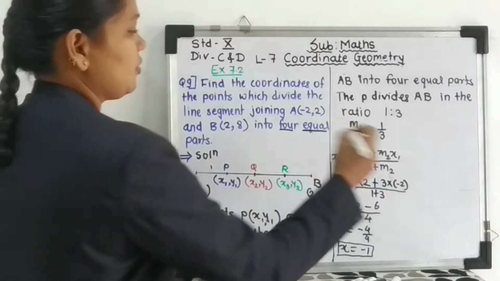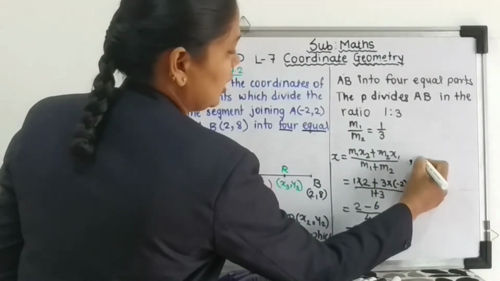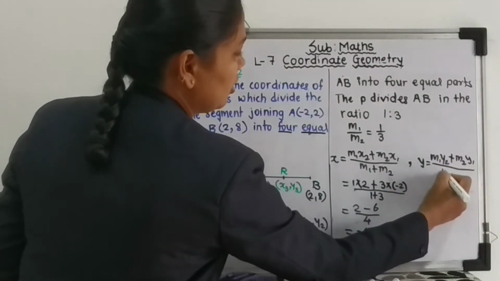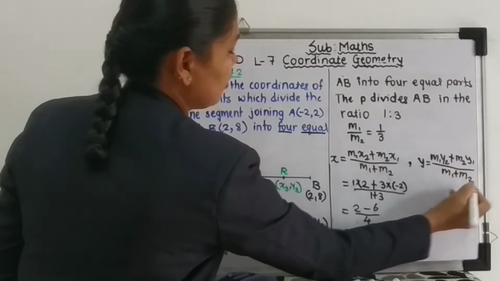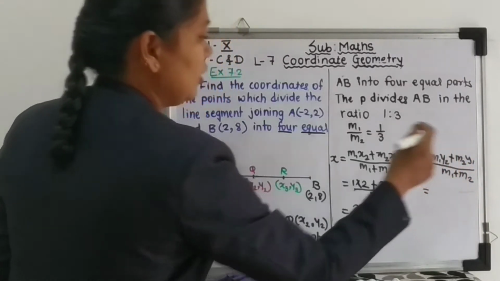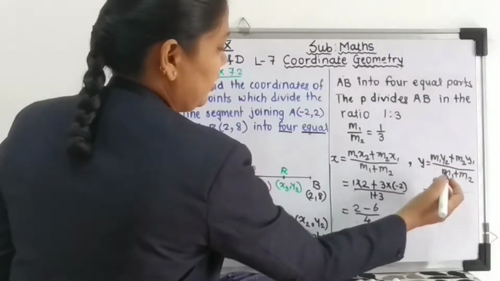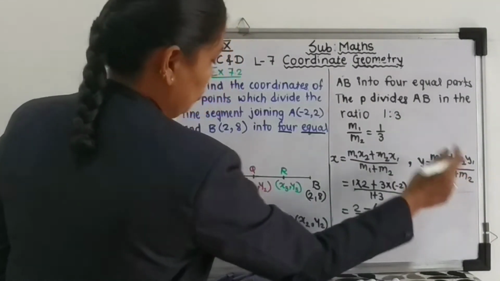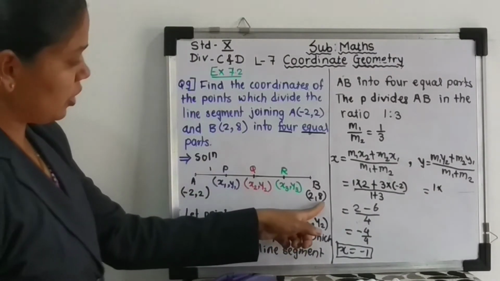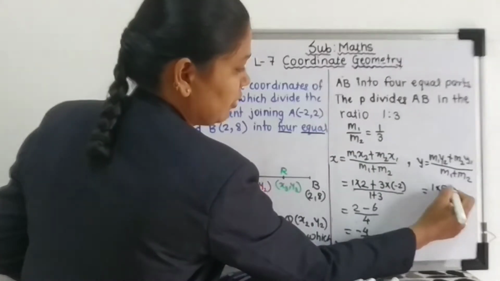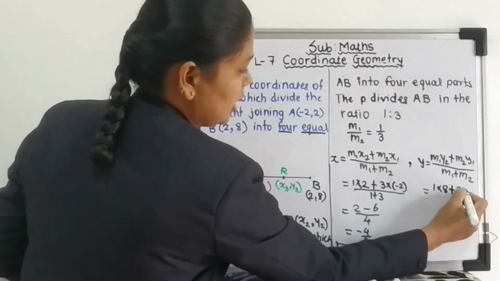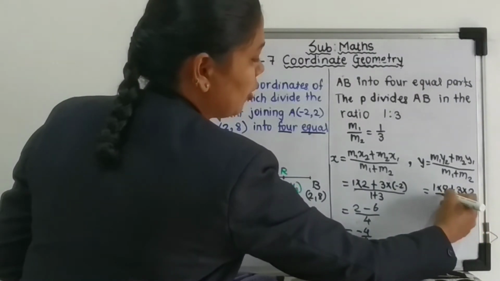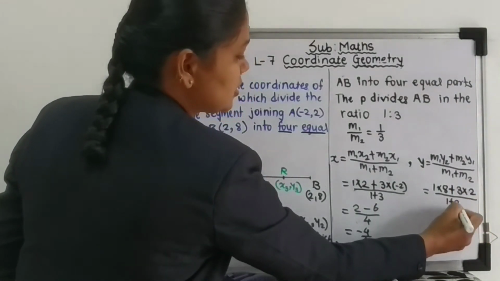Right? Now let us find the Y coordinate. Y is equal to (m1y2 plus m2y1) upon (m1 plus m2). So m1 is 1 into y2, which is 8, plus m2 is 3 into y1, which is 2, upon 1 plus 3.